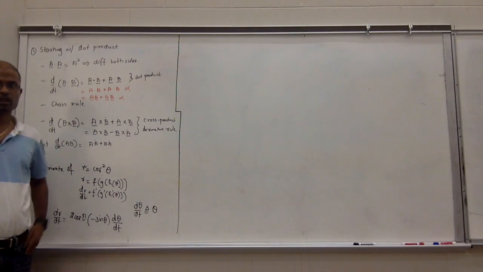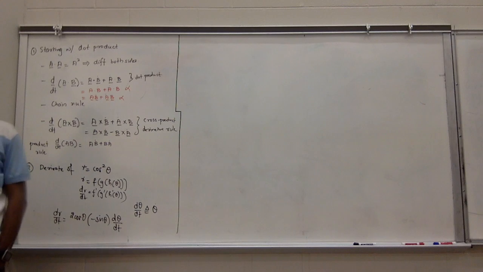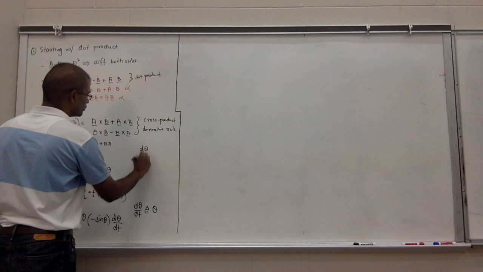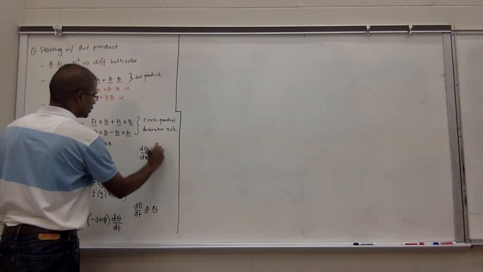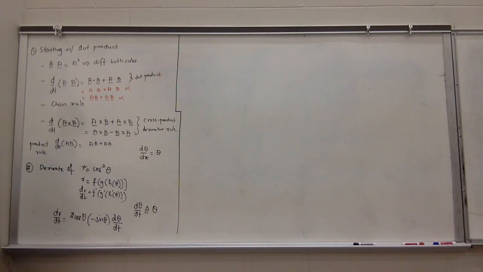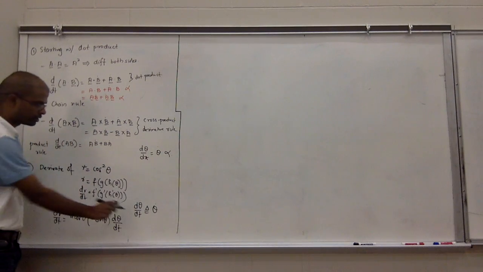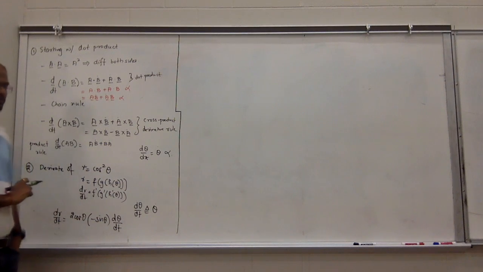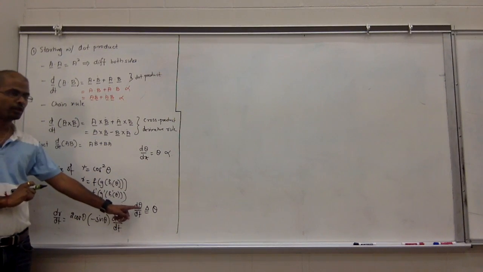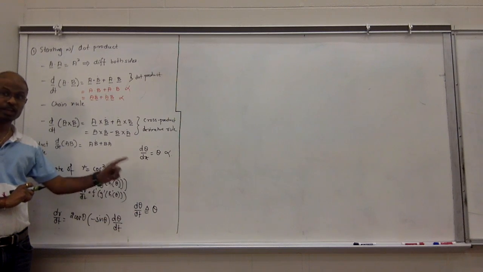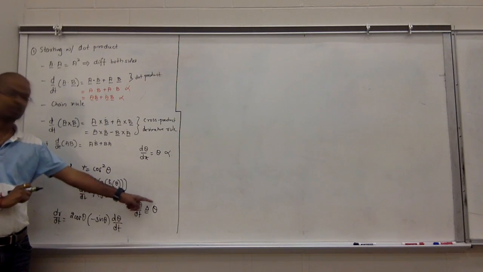Any variable with a dot is generally a time derivative. This is the norm. Any derivative with respect to time, you use that theta dot.